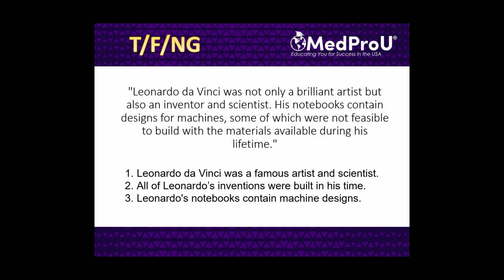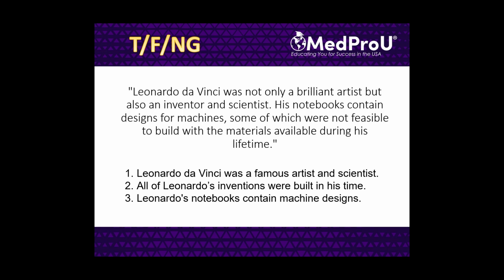So in number two, all of Leonardo's inventions were built in his time, but it was mentioned here that some were not feasible in his time, meaning they could not be built during that time. So it is false. It is not "not given" because it's telling you otherwise.